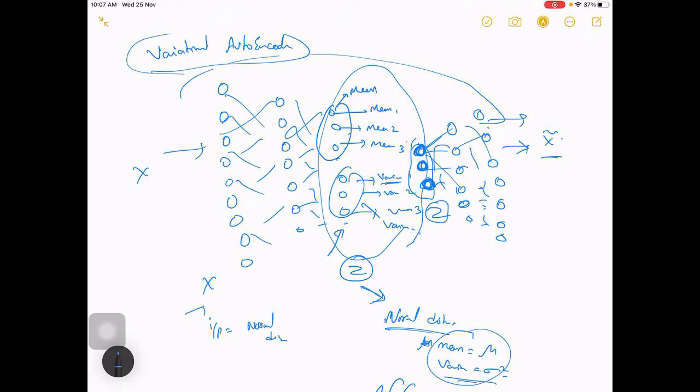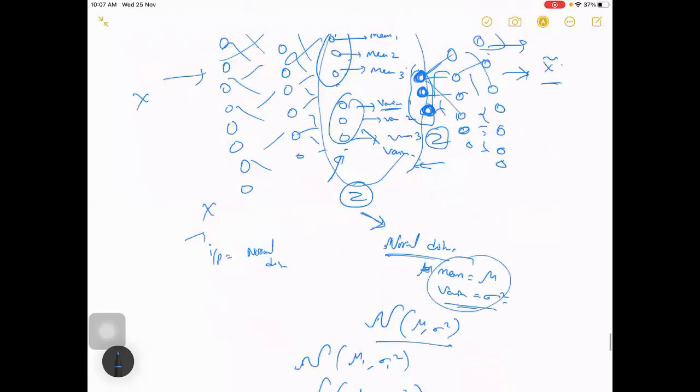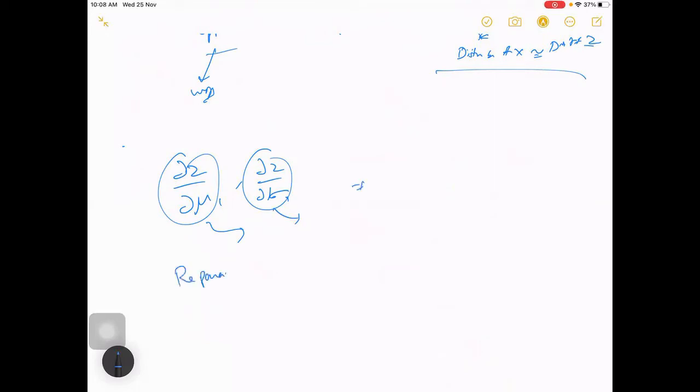While going backwards for calculating gradients, you need to calculate z in terms of mu, as well as z in terms of sigma, right? So how will you calculate this? You need some kind of relation between your mu and sigma with z, but you don't find it here. So we use what is called the reparameterization trick.